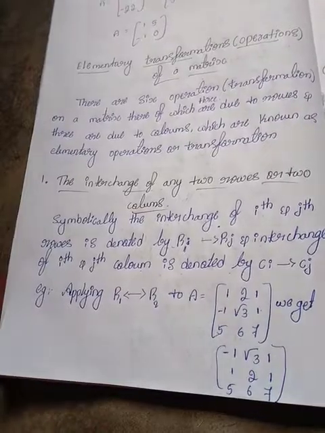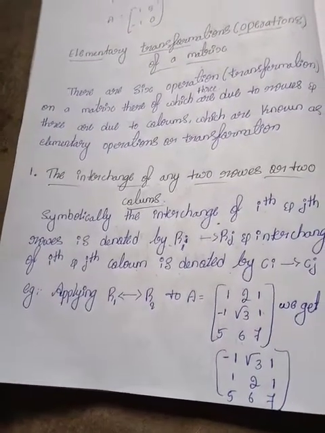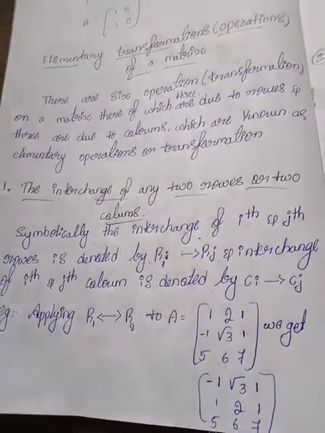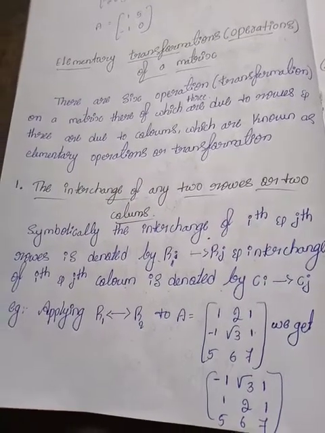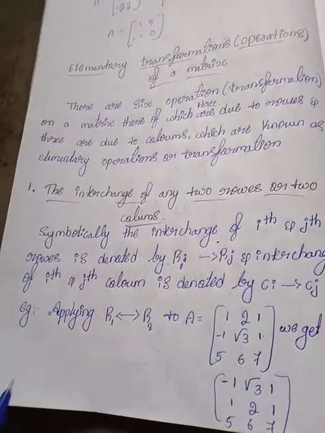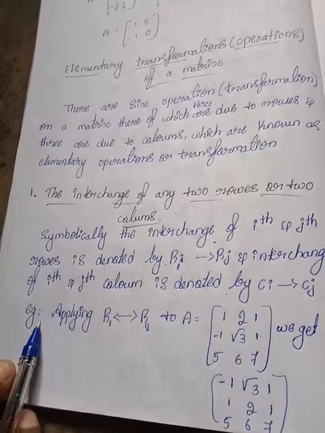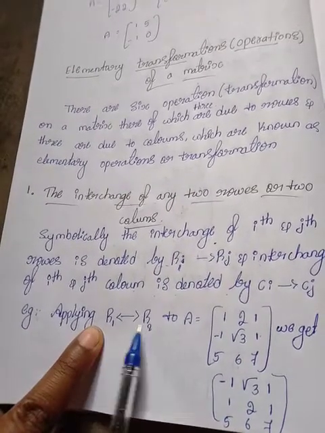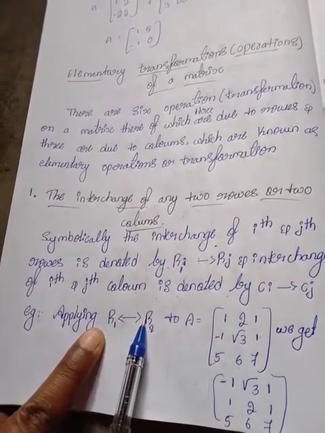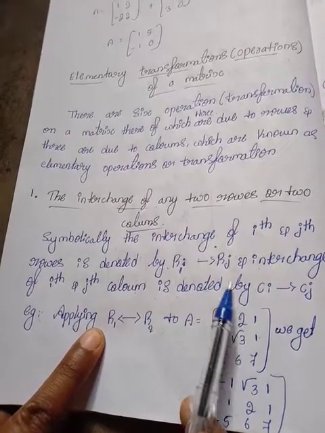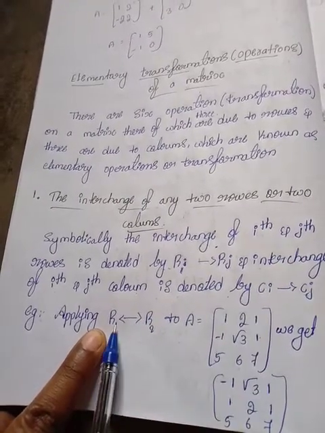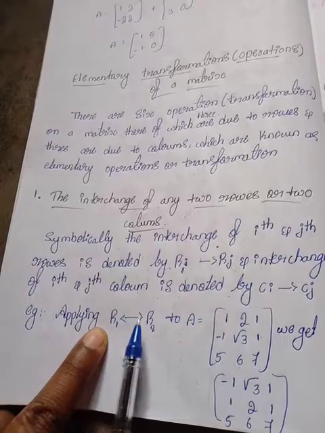For example, we can see the interchange in case of rows or in case of columns. Take one more example. R denotes row, C denotes column here. Here I need to interchange row wise.